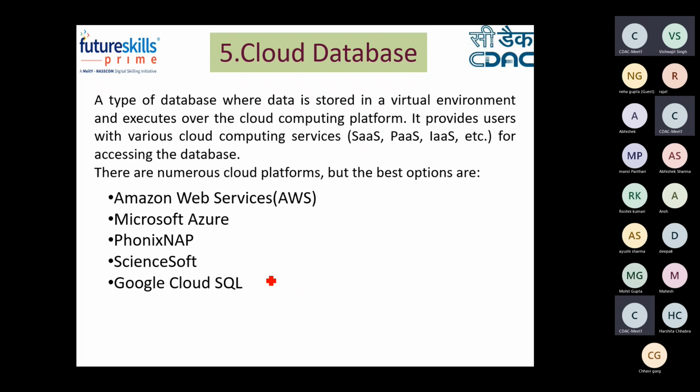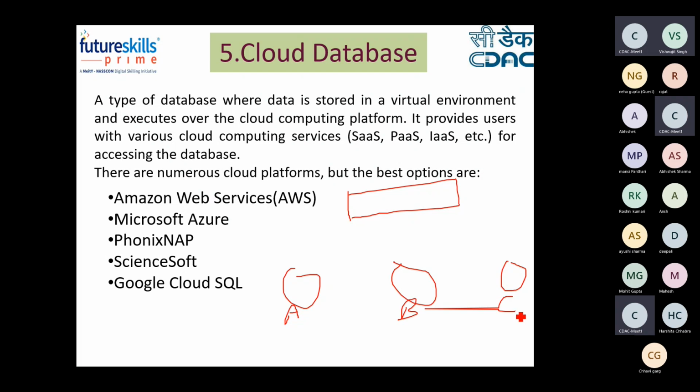Now, the second thing is, suppose there are three companies, all three providing IT services to different clients. This company has a turnover of 100 crore, this company has a turnover of 70 crore, and this company has a turnover of 10 crore.